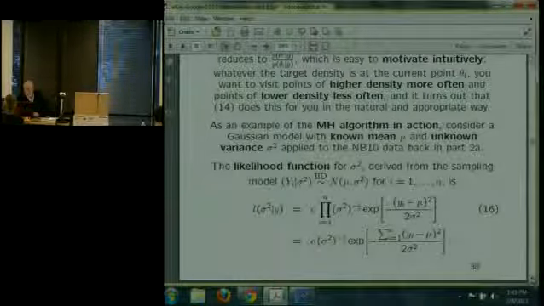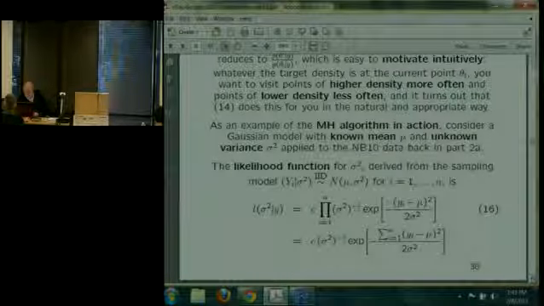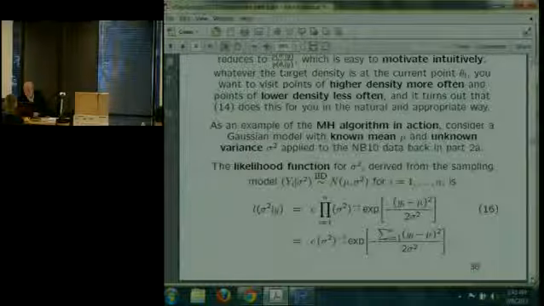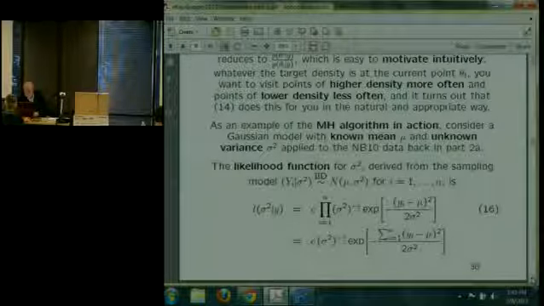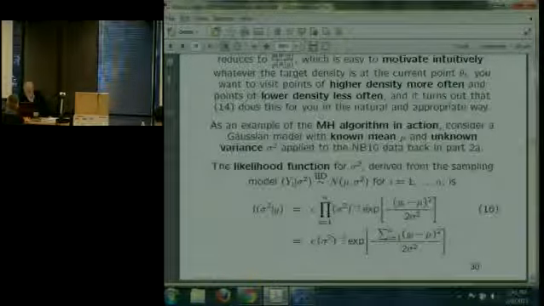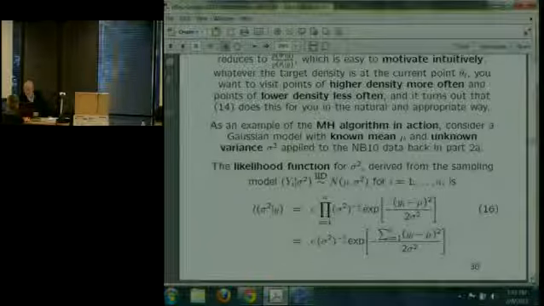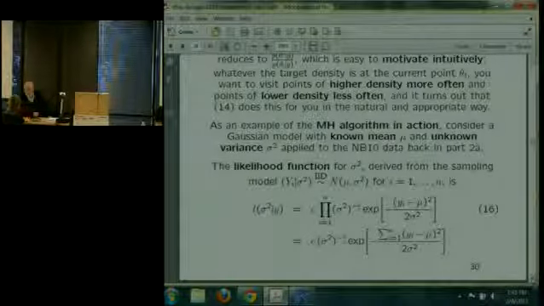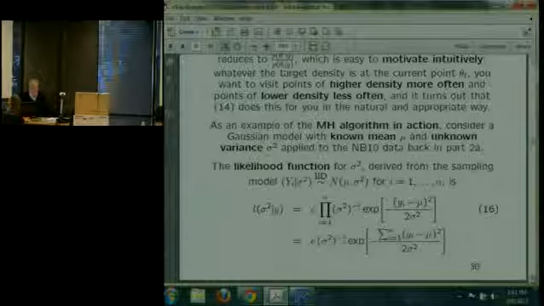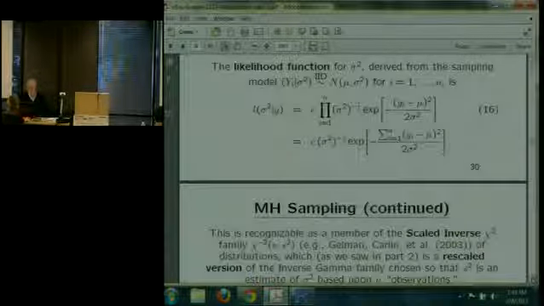The likelihood function looks like equation 16, which after you finish simplifying it a bit, comes out to look like, as a density in sigma squared, sigma squared to the minus n over 2, e to the minus stuff over 2 sigma squared. And that's actually recognizable as a member of the inverse gamma family.